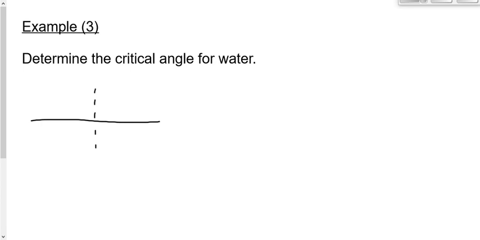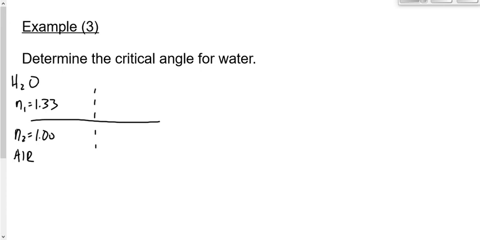If we're going from, say, critical angle for water, we have to assume that the second medium is air. Okay, we have to be going from water to air, because water has an index of refraction of 1.33 and air has an index of refraction of 1.00. If we're going the other way around, this wouldn't work.